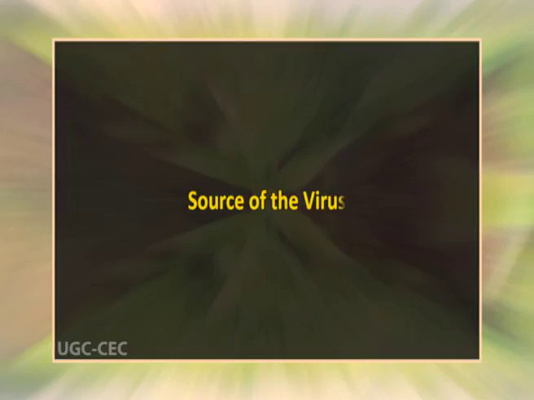Now, let us know the source of virus. Tobacco mosaic virus overwinters in a number of ways, and these must be understood for successful control through sanitation practices.